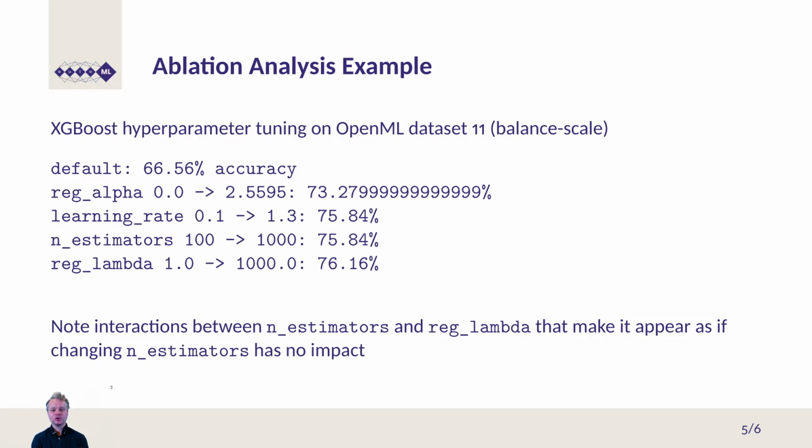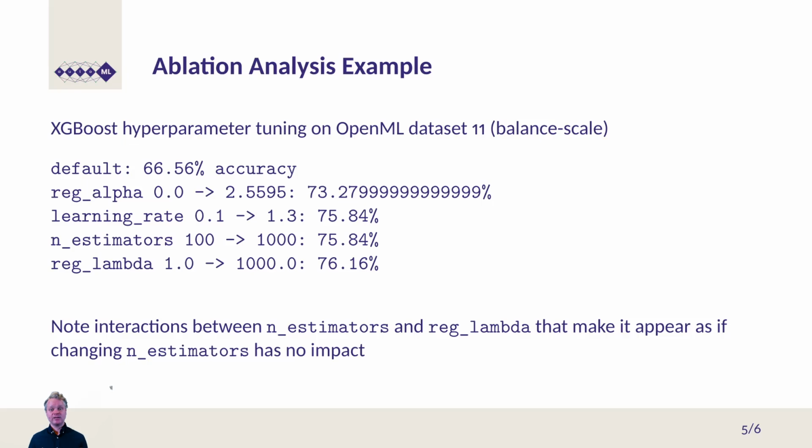Here the first change that we're making is to change reg_alpha from 0 to 2.5595, and that increases the accuracy from 66.56% to 73.28%. So quite a big improvement there.